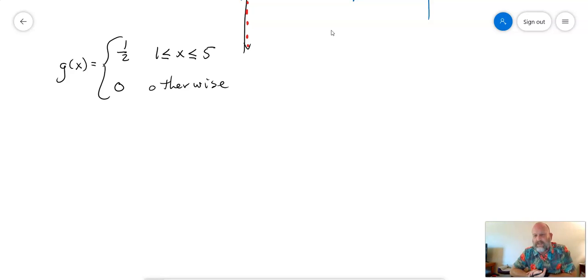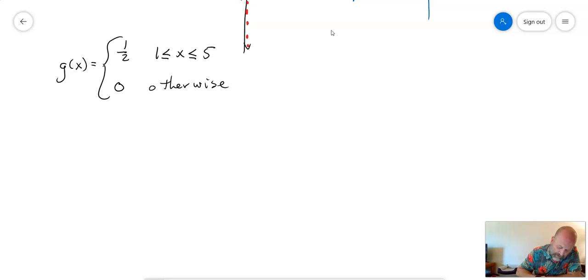Now, the otherwise basically says that if it's not between 1 and 5, then it's otherwise. Basically, it's anything that's not in the interval above. So that is something that gets pointed out every so often.